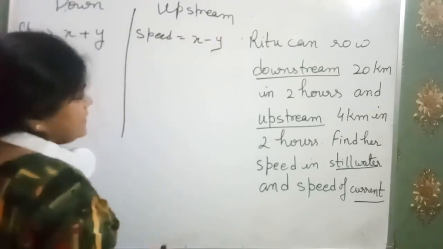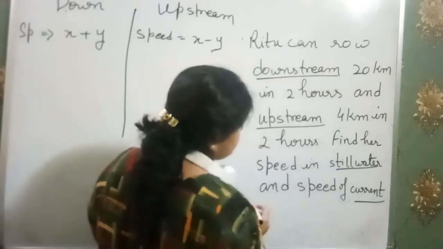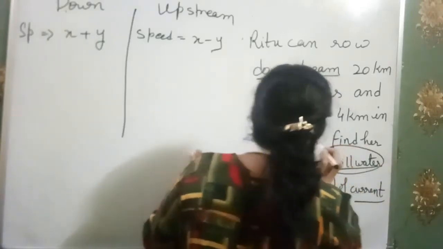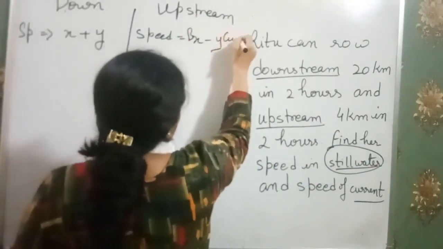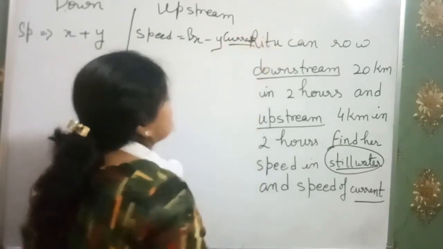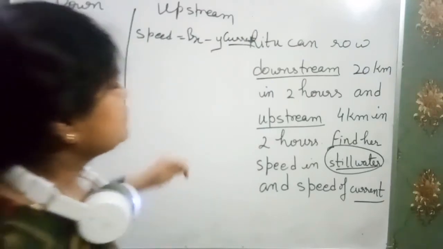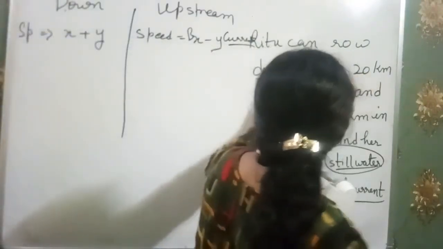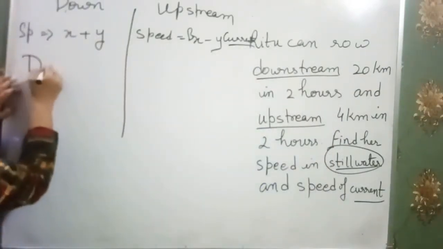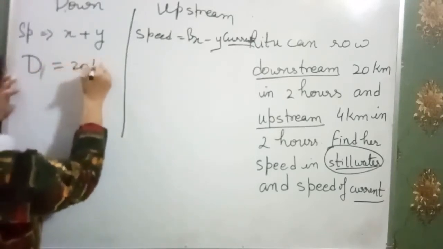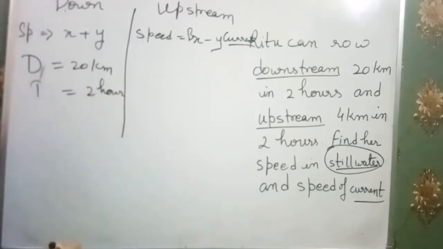Okay, let the speed of Ritu, the boatman, be x, and the current, that is the river, be y. The current means the speed of the river in which it is flowing. She rowed 20 km in 2 hours. In downstream, distance covered is 20 kilometer and time taken is 2 hours. Clear? Just make a chart.